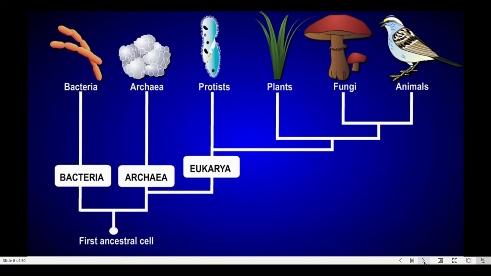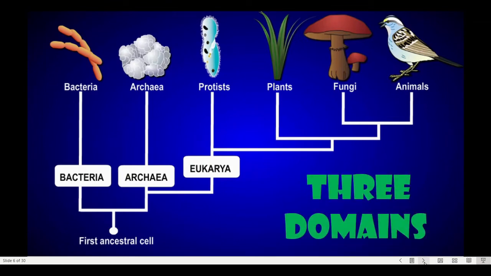So, from the first ancestral cell, yung tinapik natin kanina, prokaryotes and eukaryotes, na-divide ang groups sa 3. So, we have bacteria, archaea, and eukarya. So, these are the 3 domains. Domain bacteria, domain archaea, and domain eukarya.